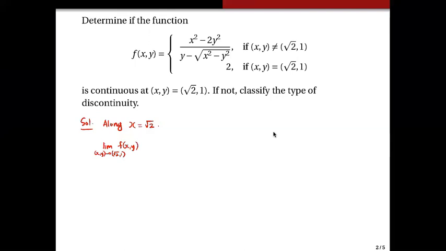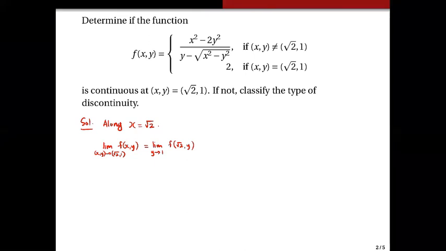But since we have fixed the line where our point will move along, we will change this into the limit of f of (square root of 2, y) as y tends to 1. So our idea is to reduce the limit problem into a limit of functions with a single variable.